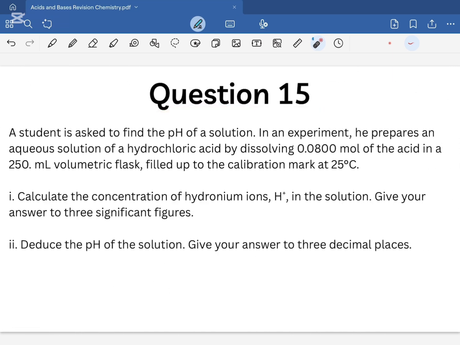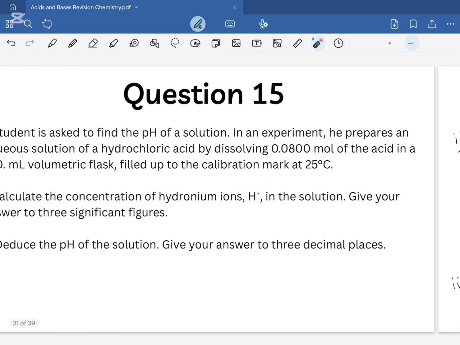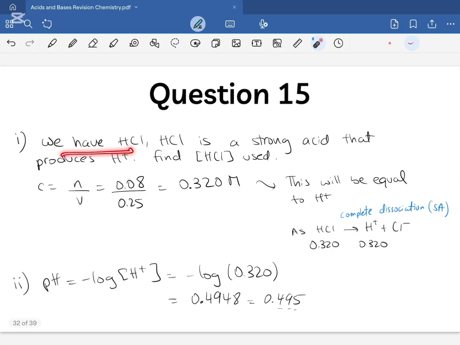Question 15, a student is asked to find the pH of a solution. In an experiment, he prepares hydrochloric acid by dissolving 0.08 mole of the acid in a 250 milliliter volumetric flask. So it will be 0.25 liter. And they said calculate the concentration of the H plus in the solution. So first we have HCl, and HCl is a strong acid that produces H plus.